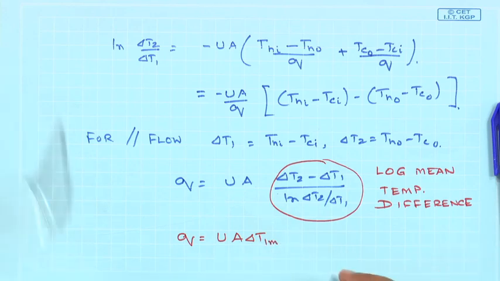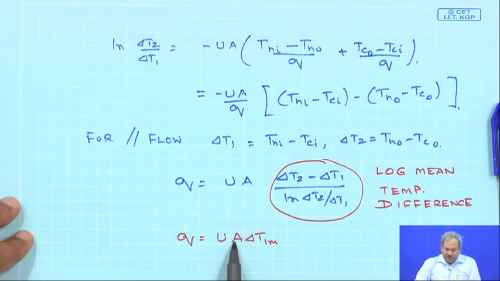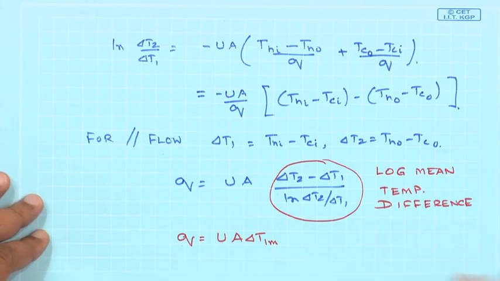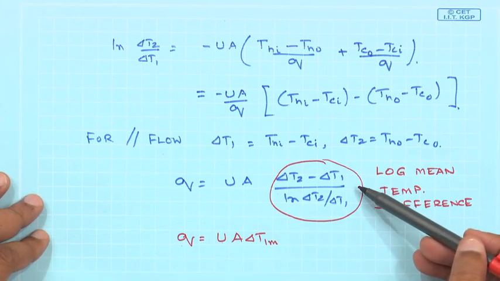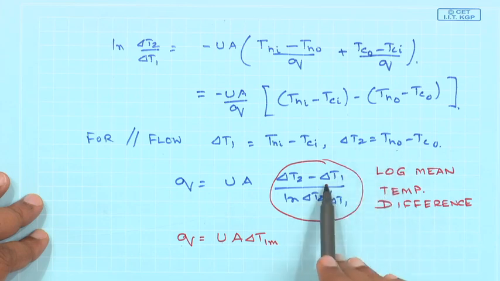So, what I see here is that the overall heat transfer coefficient is related to the total transfer of energy. This is the surface area, and the relevant delta T to be used is not the arithmetic mean or any other mean. The equation simply tells you that you have to use the logarithmic mean temperature difference, delta T 2 minus delta T 1, where delta T 1 is at the inlet, by ln delta T 2 by delta T 1.